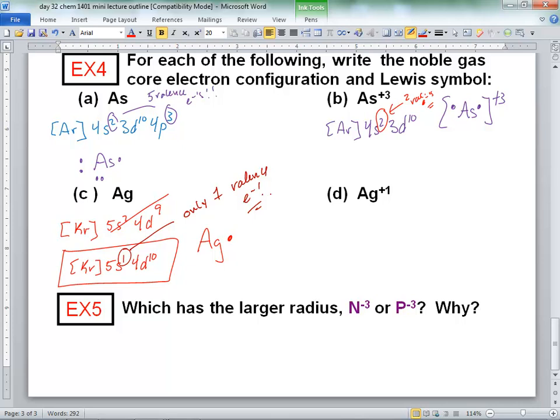Then Ag +1, pretty much just going to remove that 1 dot and the 5s1. So you have krypton, and you could write 4d10. You can write 5s0 if you'd like, but it's not necessary. Ag, the plus, right?